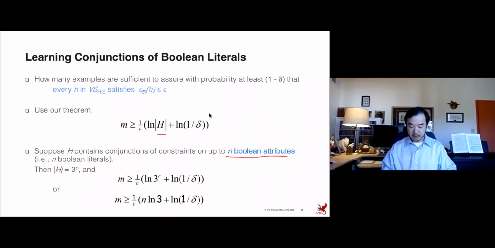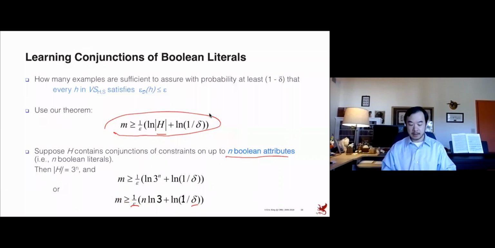You can use this theorem to conclude that you need m greater than this quantity to achieve a generalization error no greater than epsilon with high probability 1 minus delta.